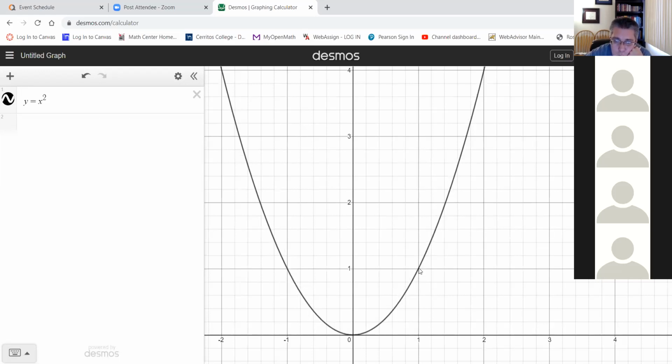What was the secant line at 1? This is 1, 1, right? So this is 1, 1. I'm going to draw the equation of the secant line here. For 2, that's 2, 4. So 1, 1, 2, 4. Okay, so x plus h.